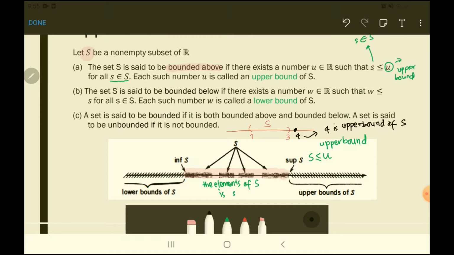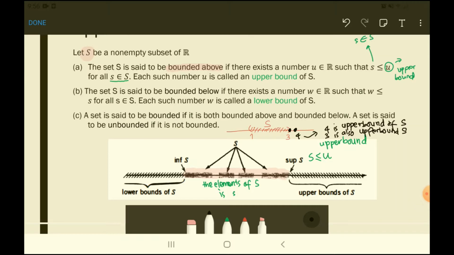Because 4 is greater than or equal to all elements of S, which are from 1 to 3. Let's say I choose 3 itself. So 3 is also an upper bound, again because 3 is greater than or equal to all elements of S.